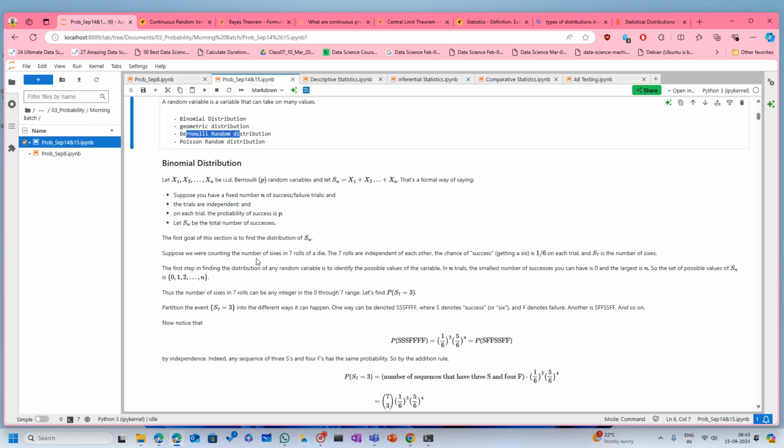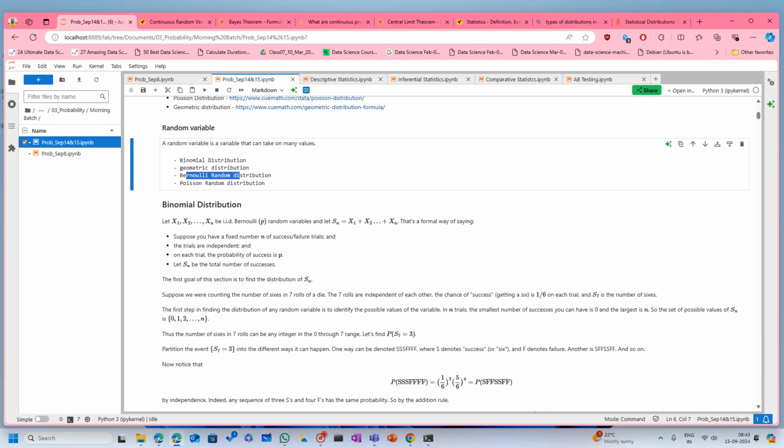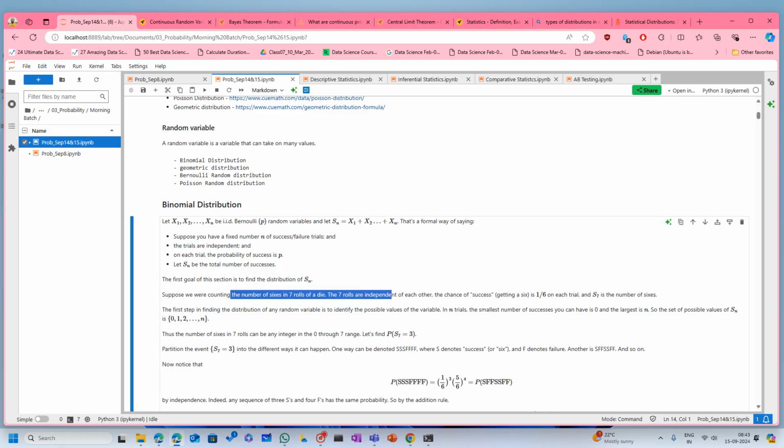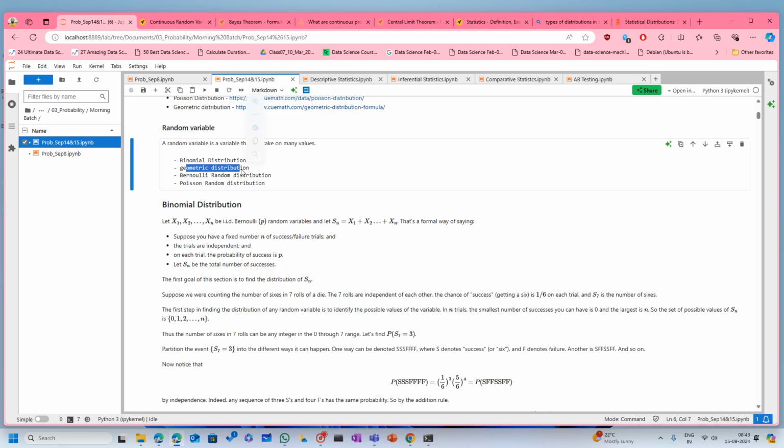And geometric distribution also we saw. Geometric distribution is where you want to calculate how many times it will fail before you get the success. That number of failure events that you count is geometric distribution. For example, a new player, they want to introduce a new player in the cricket team, and what is the probability that he'll hit a half century?